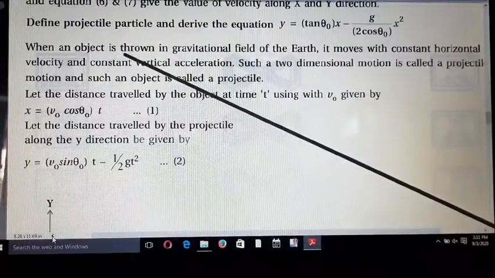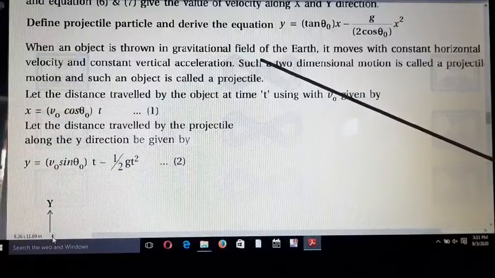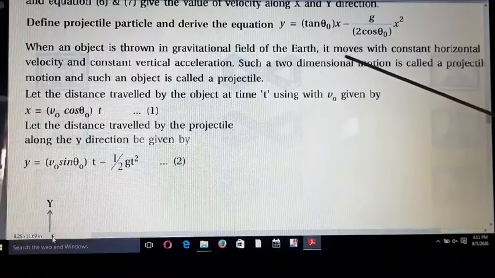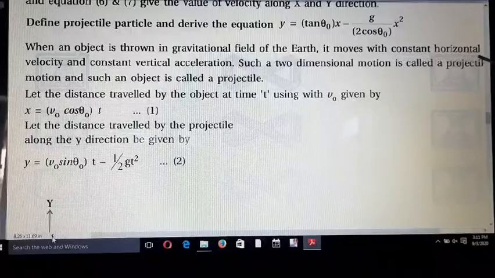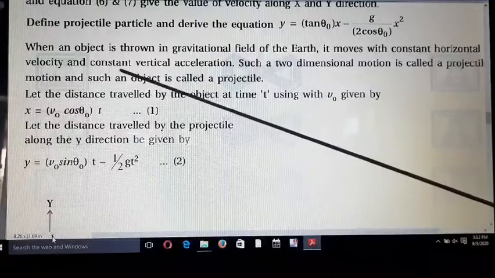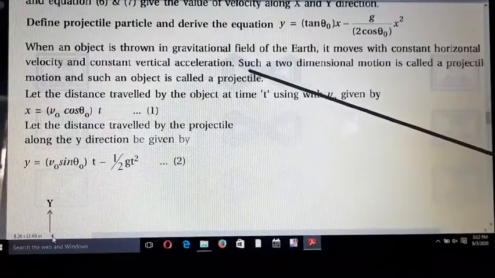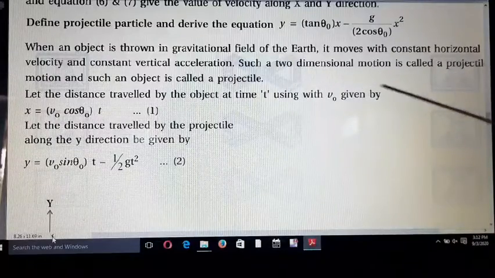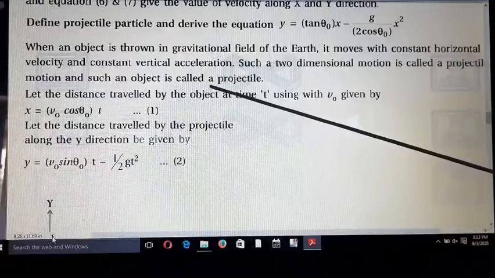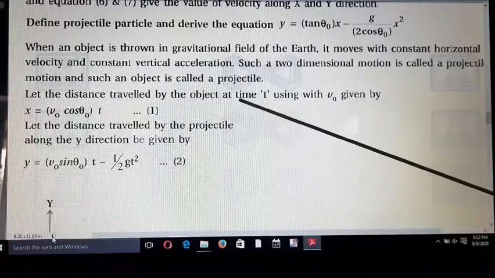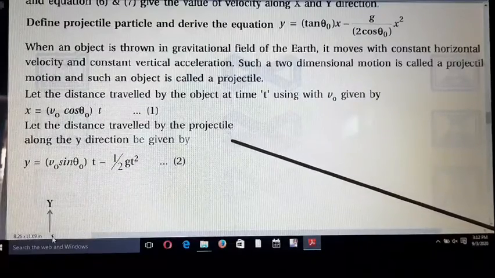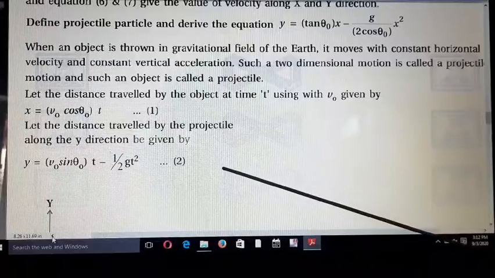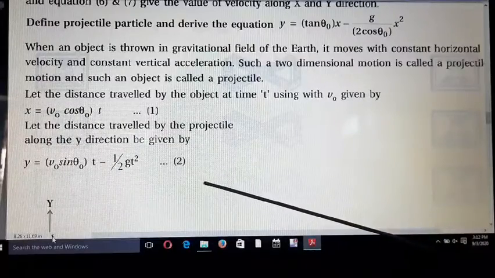When an object is thrown in the gravitational field of Earth, it moves with constant horizontal velocity and constant vertical acceleration. Such a two-dimensional motion is called projectile motion, and such an object is called a projectile. Friends, we get its components.